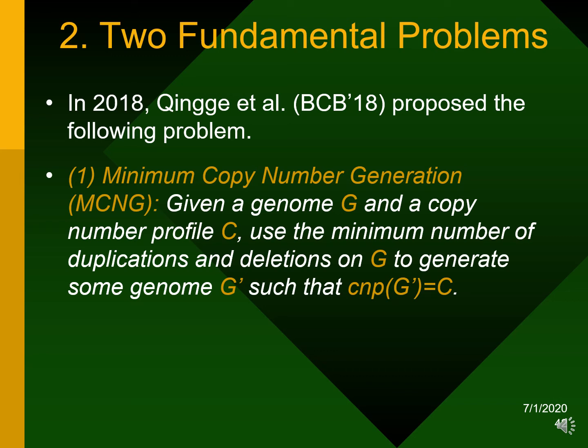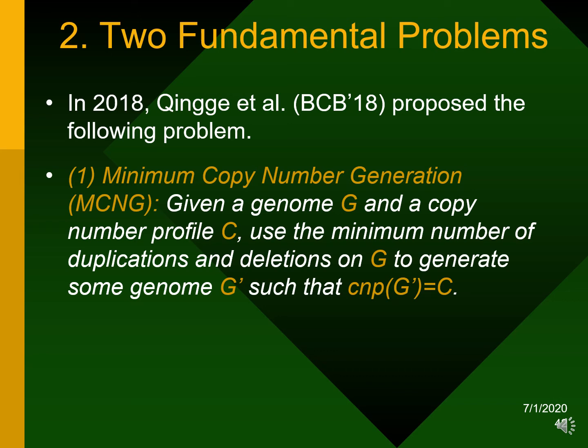Given a genome G and a copy number profile C, use a minimum number of duplications and deletions on G to generate another genome G prime, such that the CNP of G prime is equal to C.